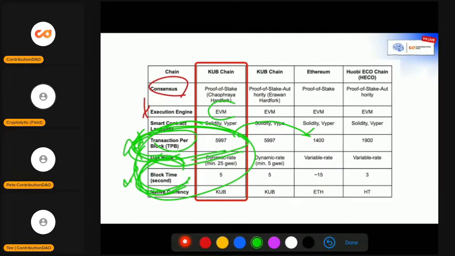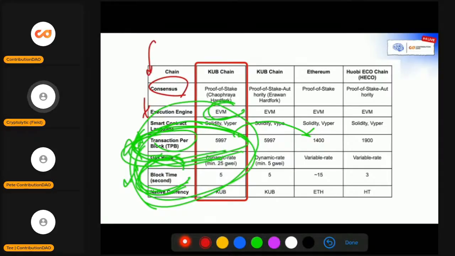So it is not fair to compare transactions per block across different blockchains and different execution engines, because all of these parameters are quite trivial to understand.